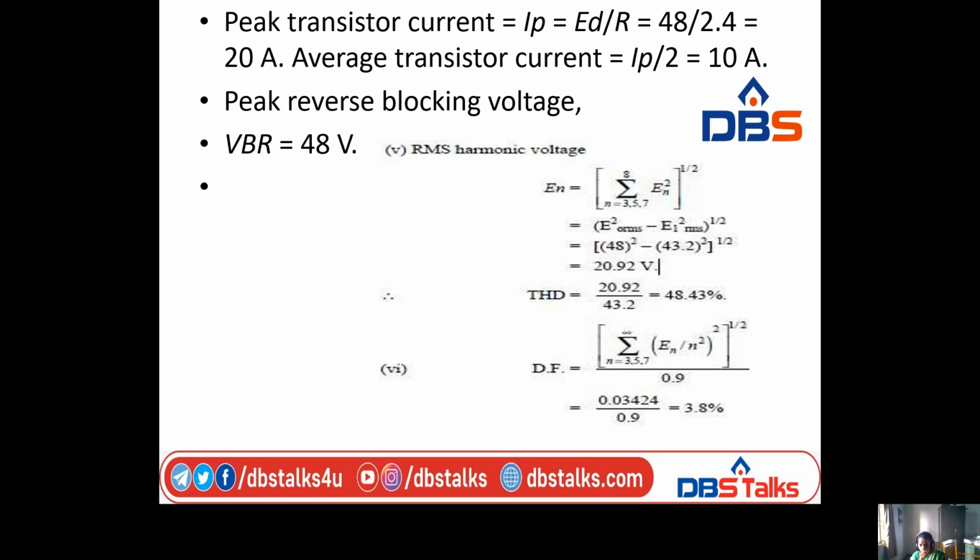Distortion factor equals sigma n equals 3, 5, 7 to infinity En by n square whole square, power 1 by 2. Here En equals 20.92. Substituting these values, we get 0.03424 by 0.9, then we get 3.8 percent. That is the distortion factor.